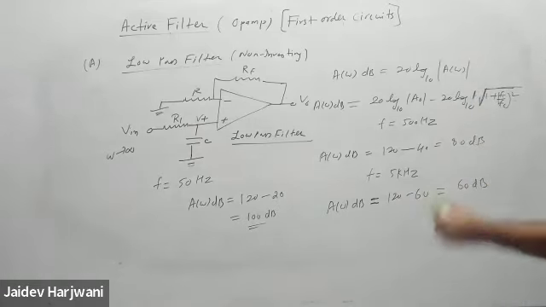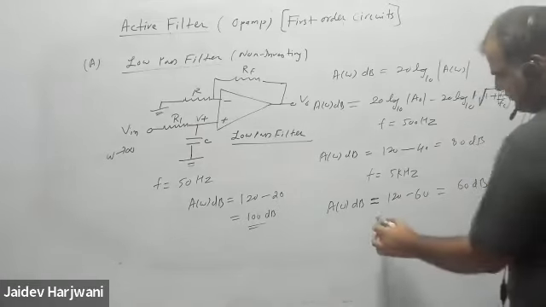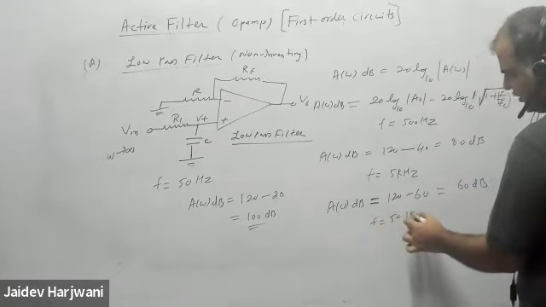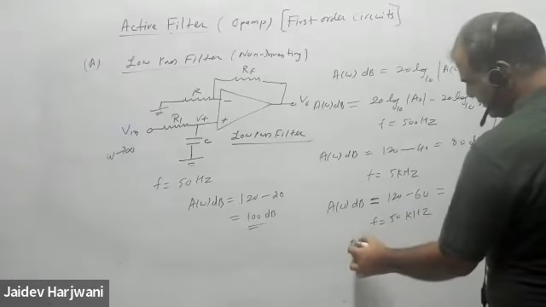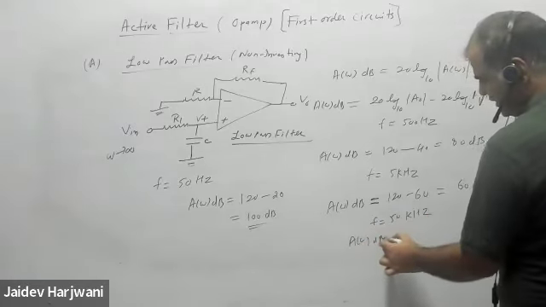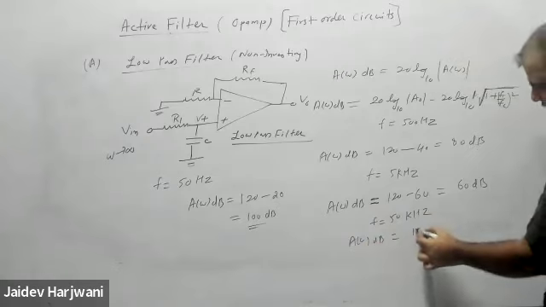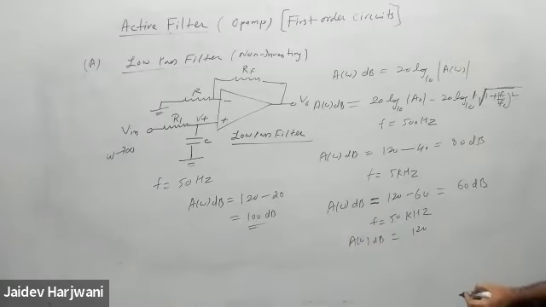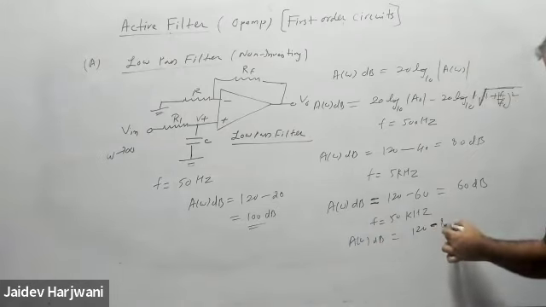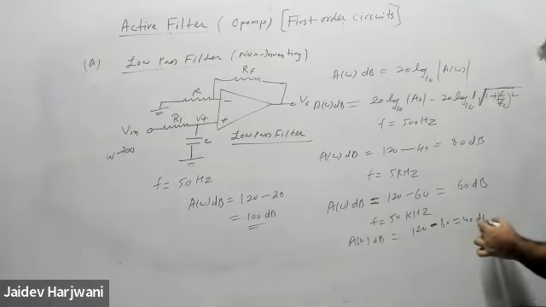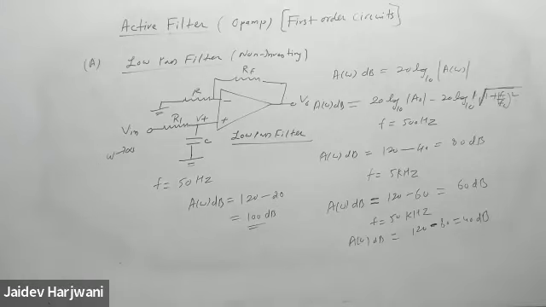Now you can keep on increasing by a factor of 10. If f equals 50 kilohertz, then my gain will become 40 dB. So the gain will keep on reducing.